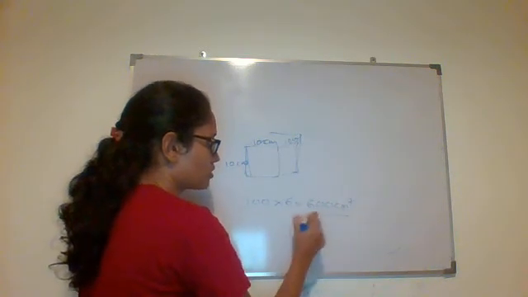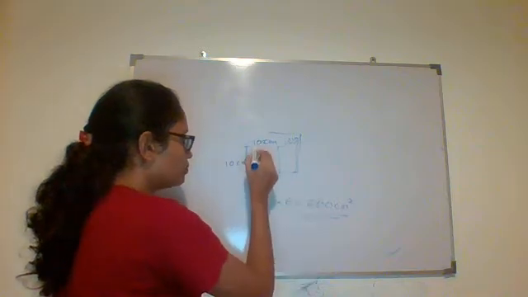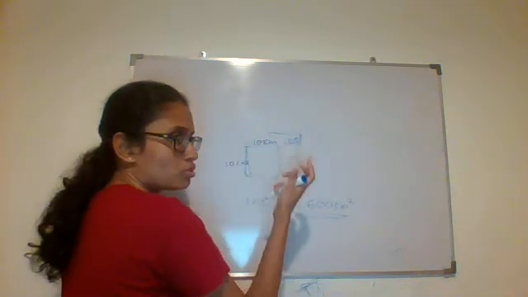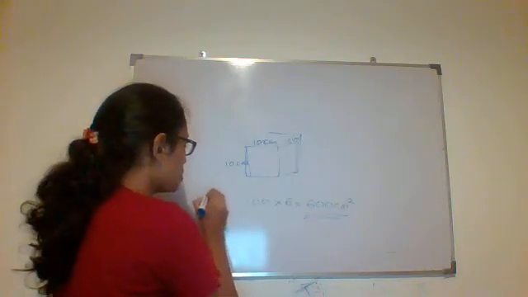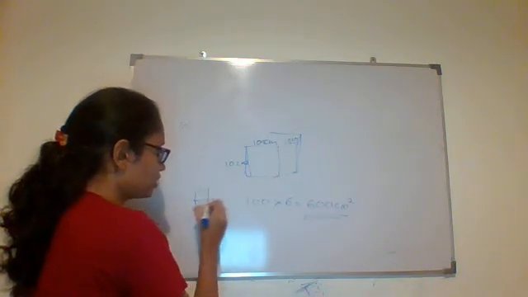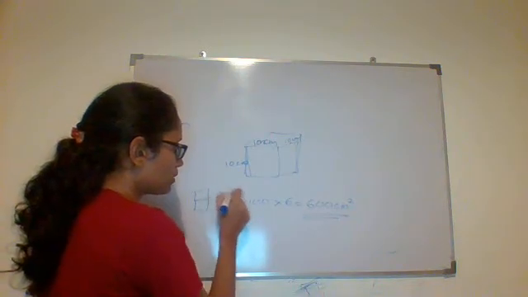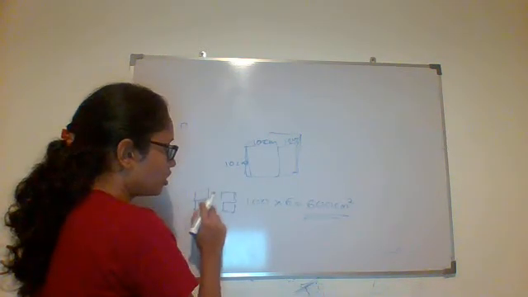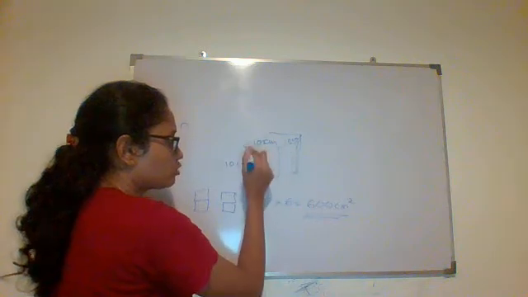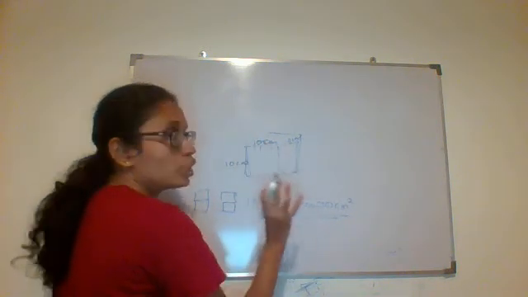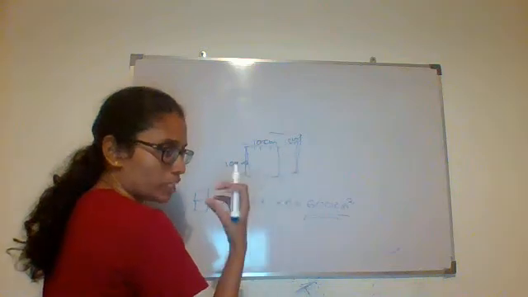But if you cut this cube of soap into small cubes, like 1 centimeter cubes, what will happen? This 10 centimeters will be divided into 10 parts, and that means you can obtain 10 cubes along each edge.